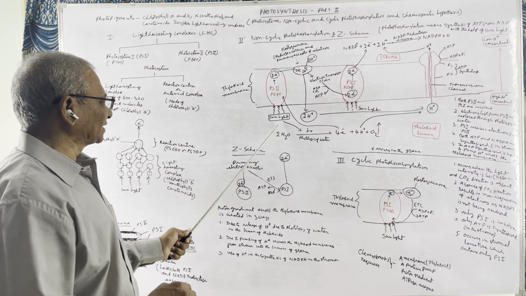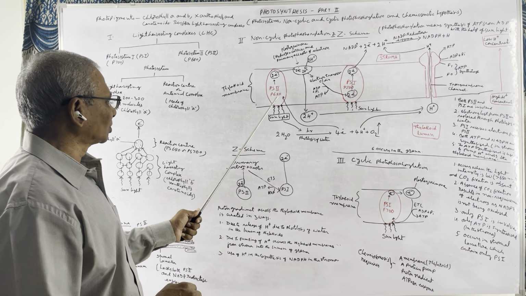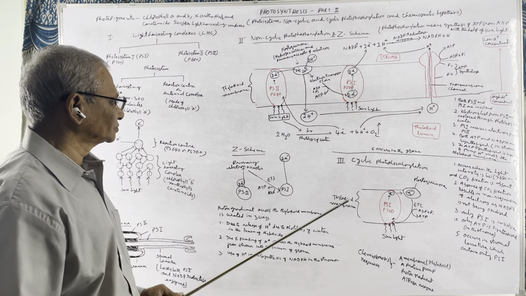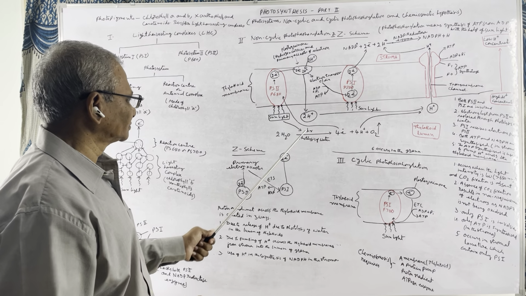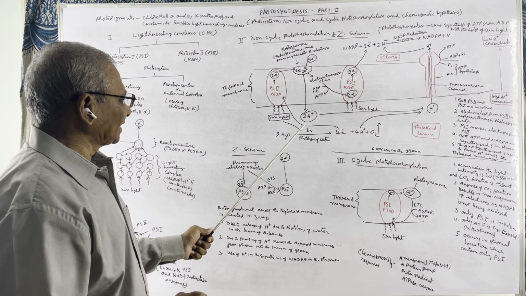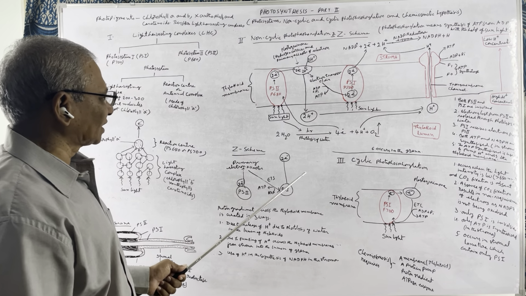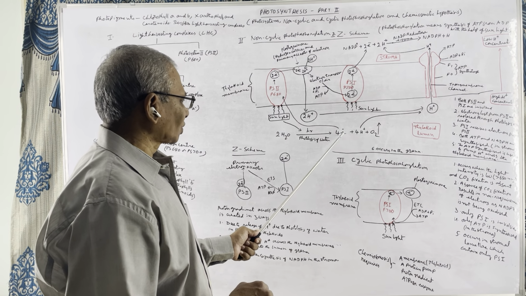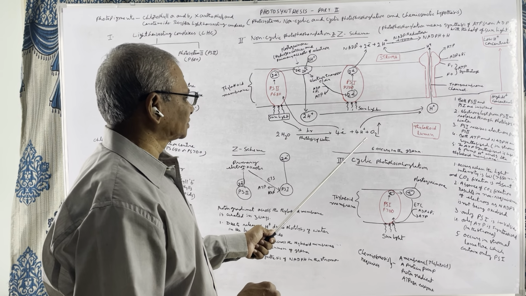So, sunlight is acting on both PS2 and also on water. Hv means sunlight. The sunlight dissociates water molecules into electrons, hydrogen ions, and oxygen.